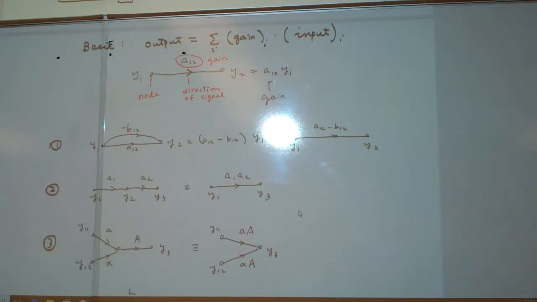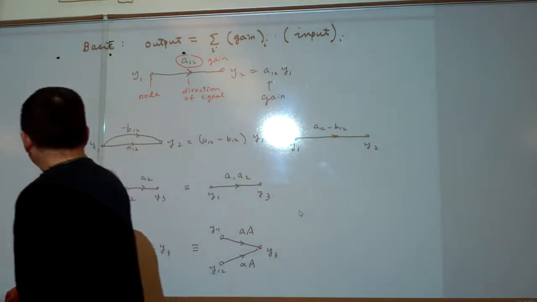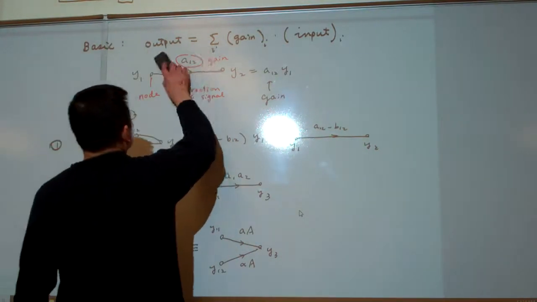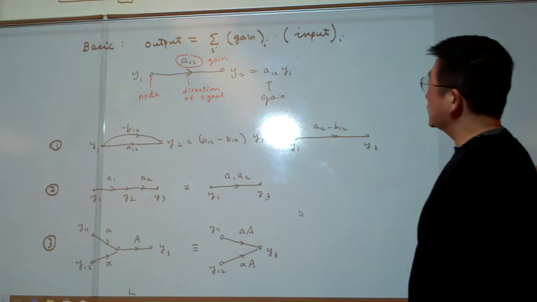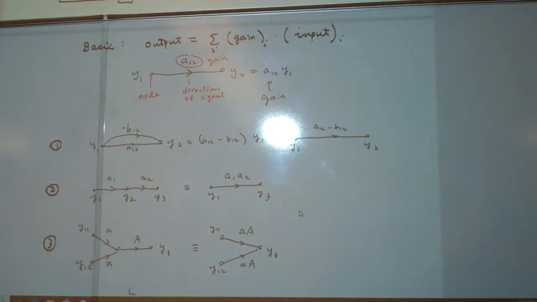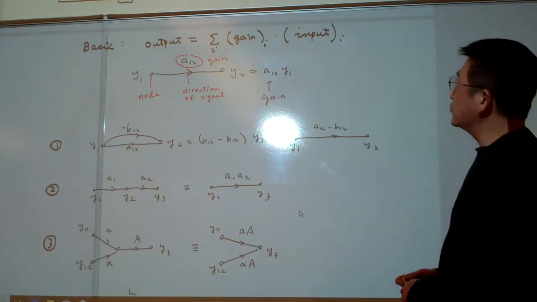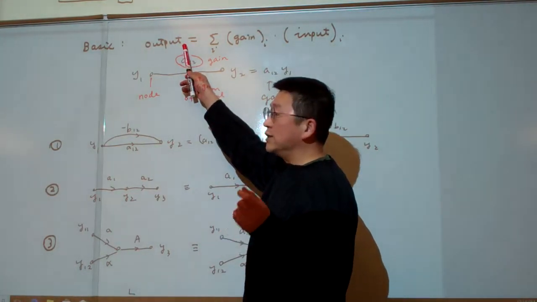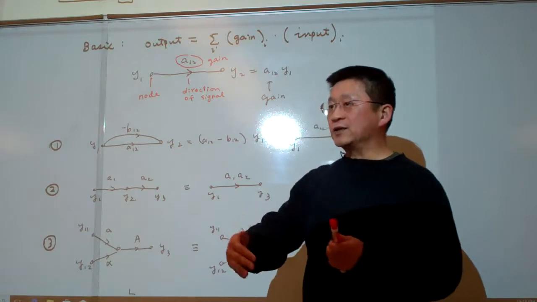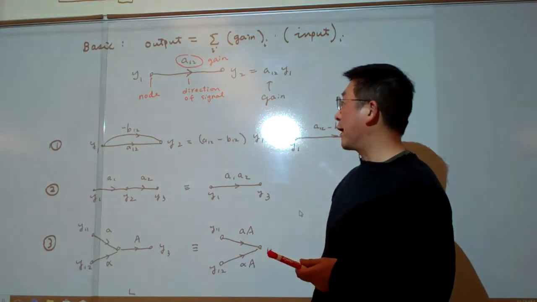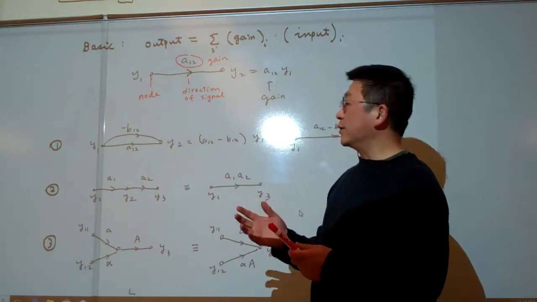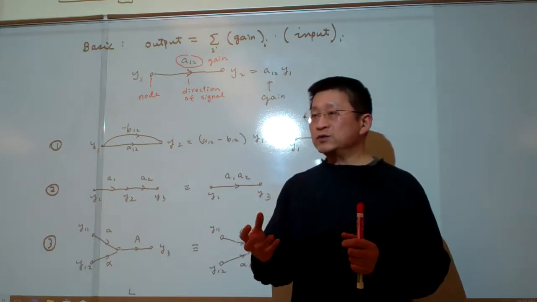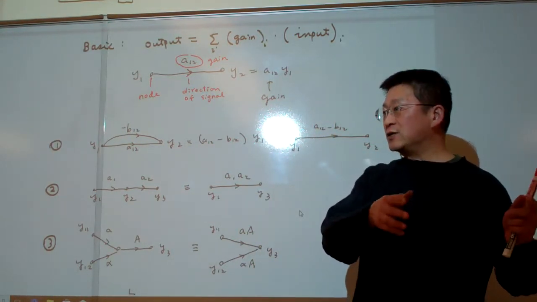Now we gradually get ourselves ready for how to use the signal flow graph for calculations. The basic rule is this: any node at the downstream of the signal flow graph is called the output, compared to the node at the upstream, which is called the input.